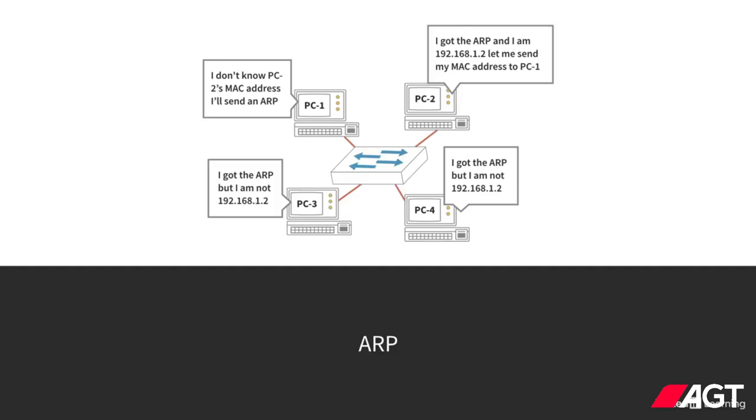If you get lucky, the first ARP request may hit the machine whose MAC address you're looking for. Otherwise, it may take several tries before you get the MAC address you want.